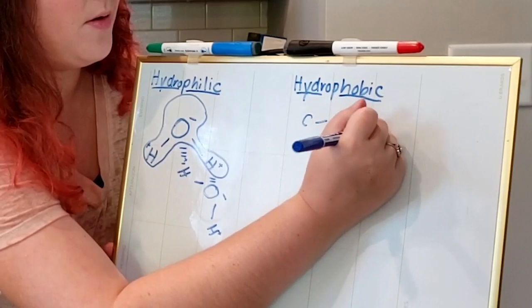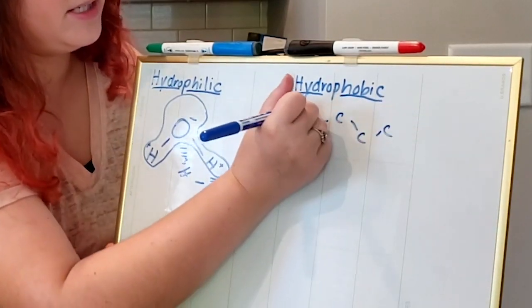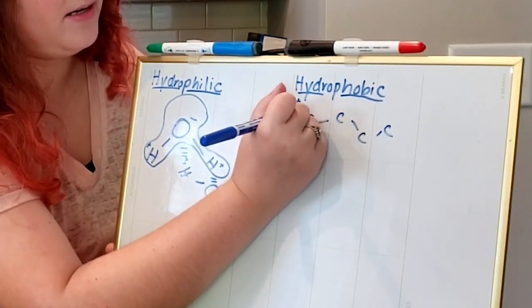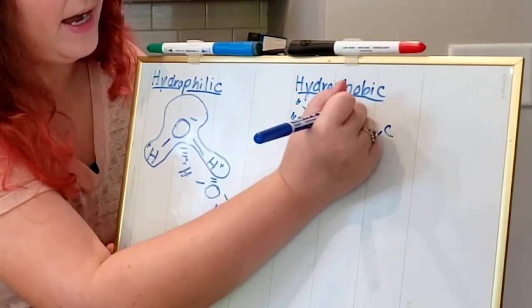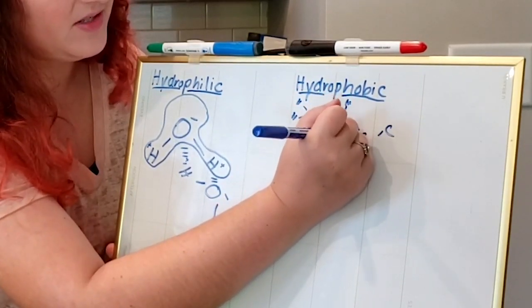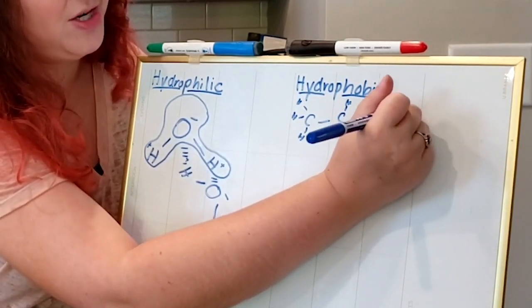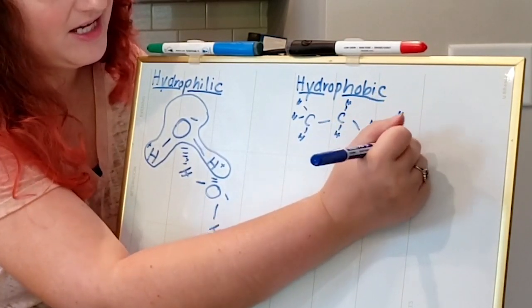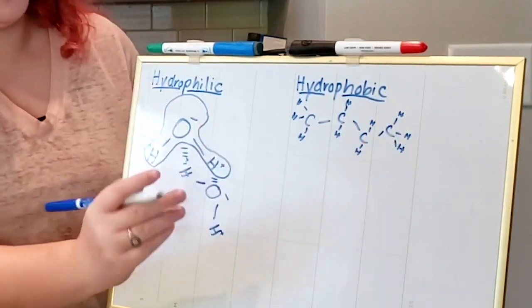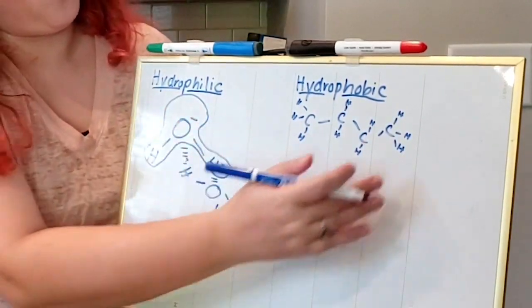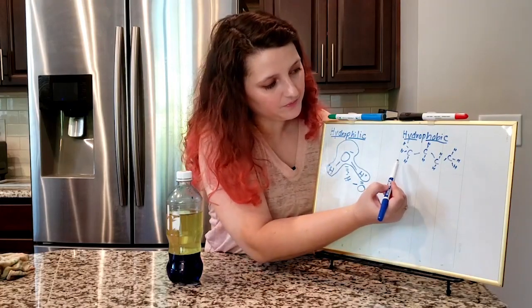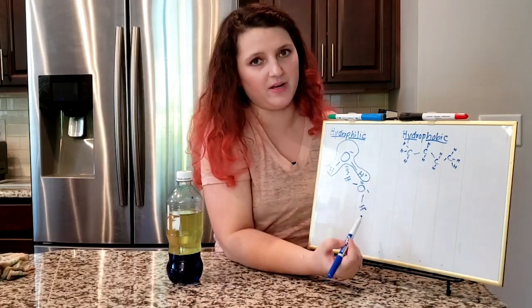So I'll draw this. You have carbon, and then you have some hydrogens. This is just an example. A lot of oils are chains that are much longer than this one. I just wanted to give you a picture of what an oil molecule would look like. So you end up with this long chain of carbon and hydrogens.